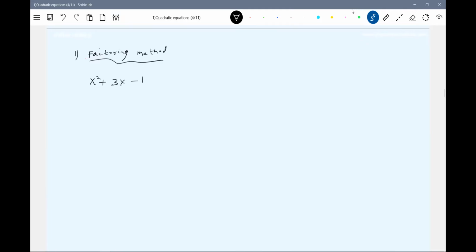Let me write it a little bigger. This is called the coefficient of the linear term, and this is called the constant term.